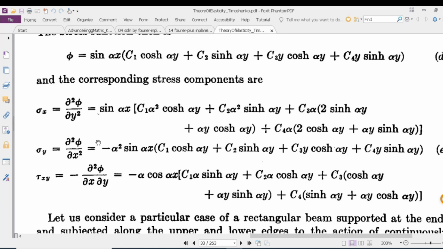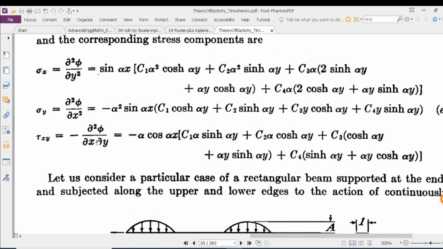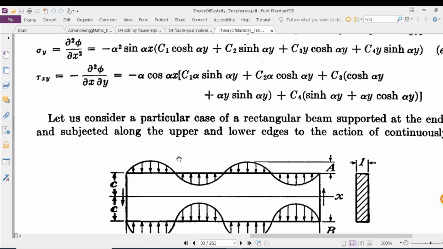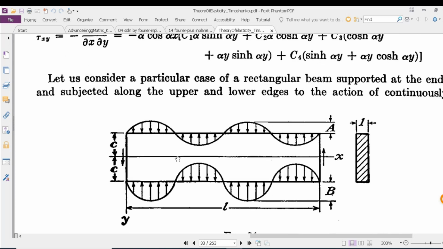After finding out the stress components, now we can use the boundary condition to get our constants C1, C2, C3, and C4. So, for example, consider a case where we have load in the form of sine wave applied at the top and bottom of the wall.